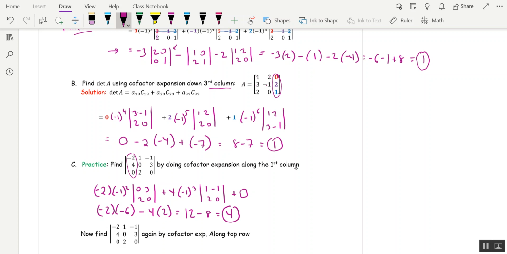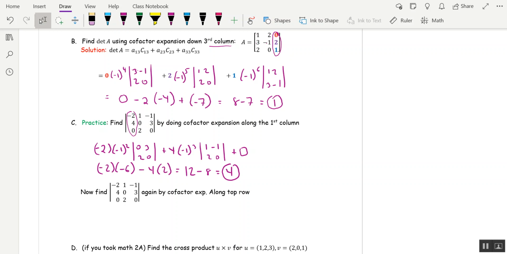Okay. So now do this again going across the top row. Let's switch this to the third row, make it a little bit easier, because look at the third row. There's only going to be one non-zero subdeterminant. So our determinant is going to be, and I'm using equal because this is literally equal, 2 times negative 1 to the 3 plus 2, which is 5.